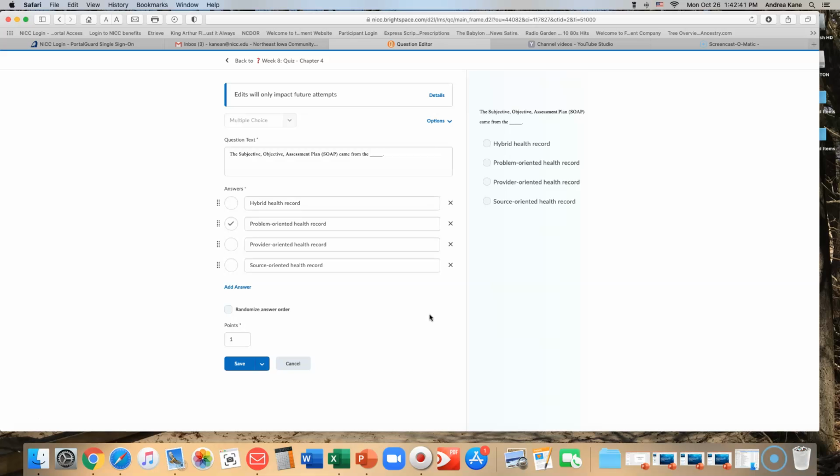So let's talk about SOAP and where it would be discussed in your book in good old Chapter 4. Typically it's under progress notes, but we'll see if that's where they put it this time, because sometimes they put it in different places when they talk about it.